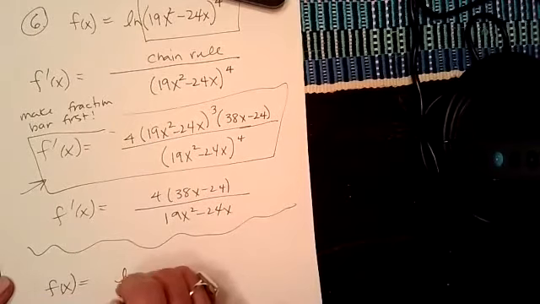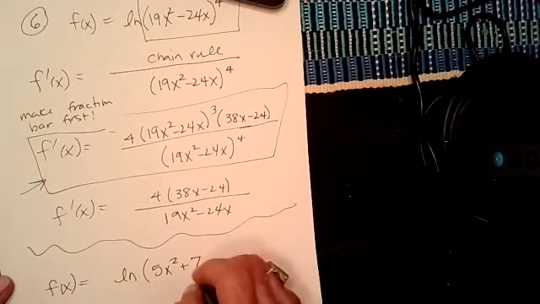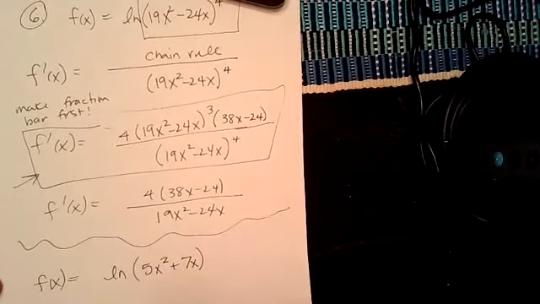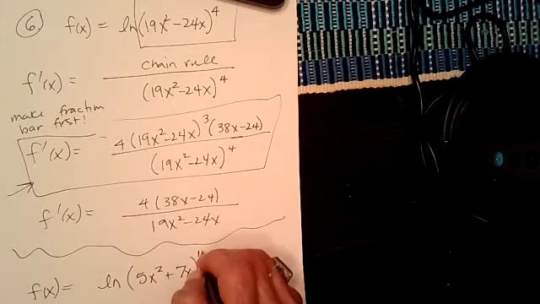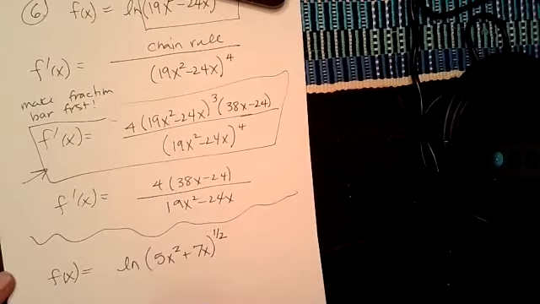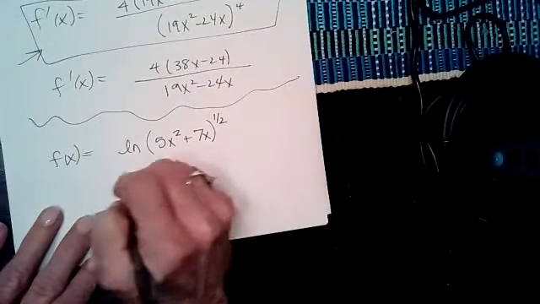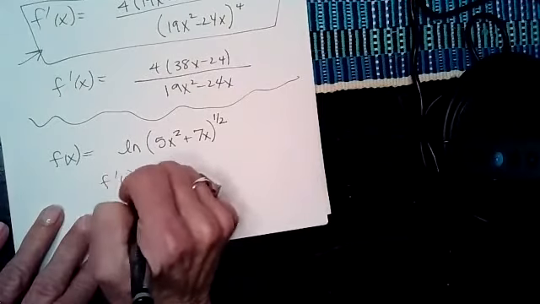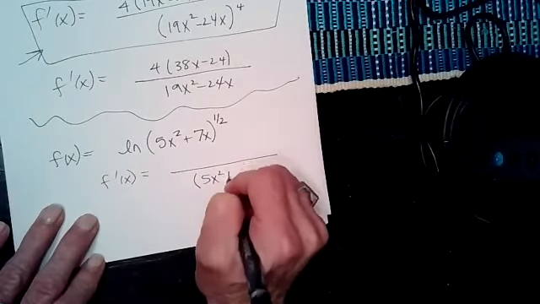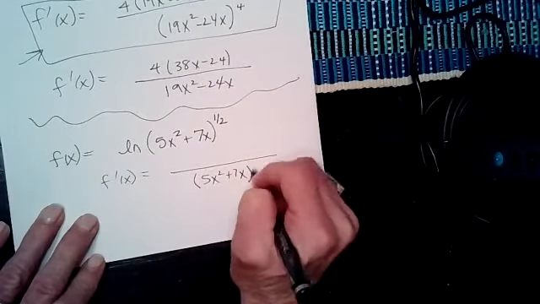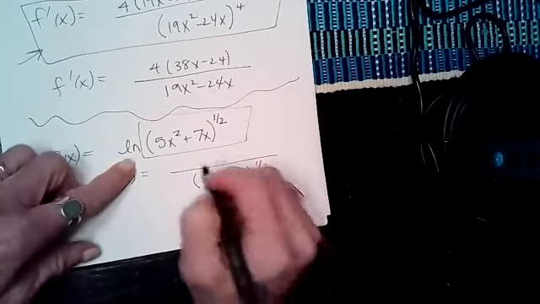So if we have the ln of 5x squared plus 7x to the 1/2 power, okay? That looks uglier, but remember, it's just the derivative rule. So f prime of x is going to be the derivative of this over this. So that's the chain rule.